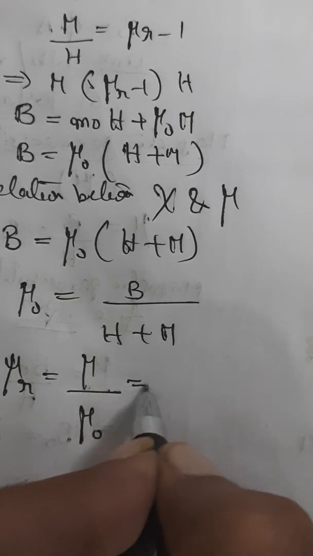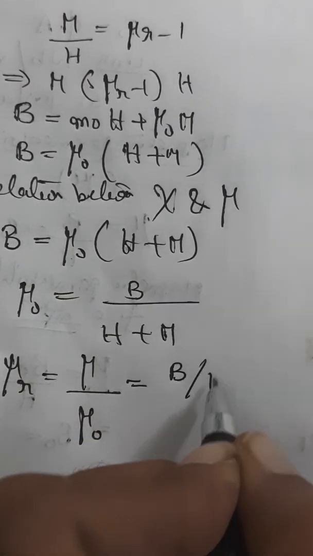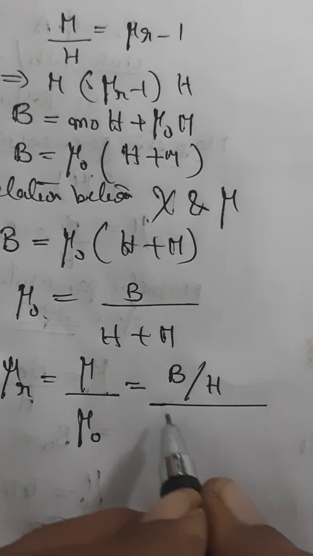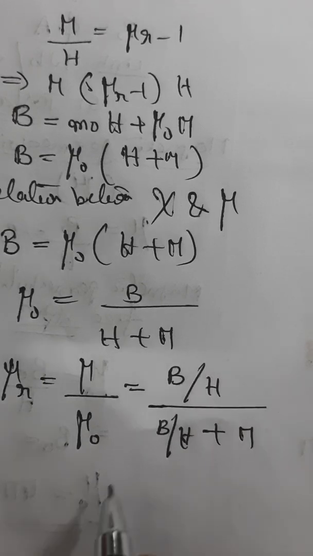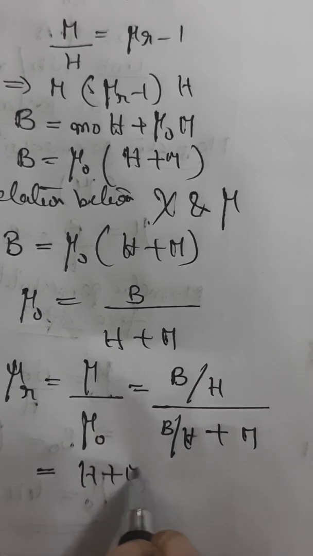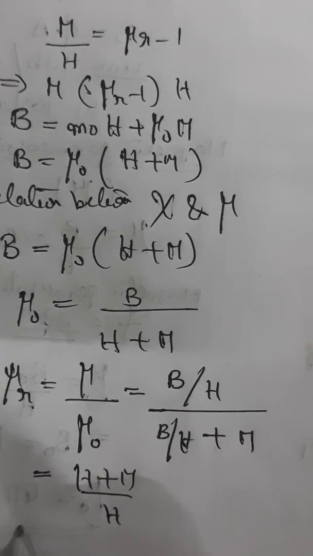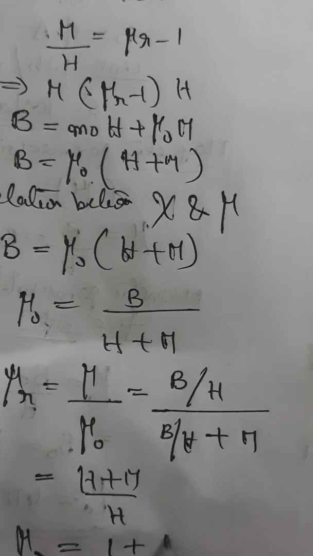That is equal to B by H divided by B by H plus M. If you take the LCM, this is H plus M by H. Mu r is equal to 1 plus M by H.